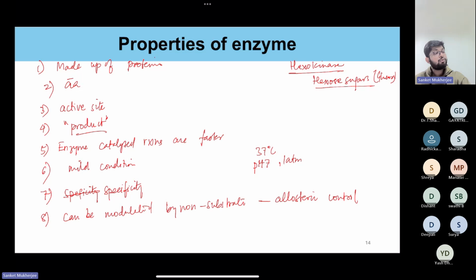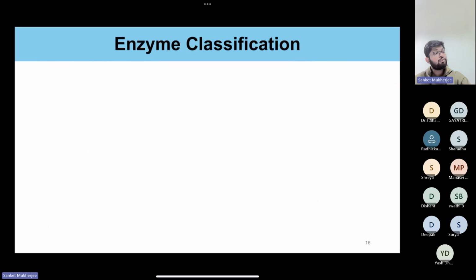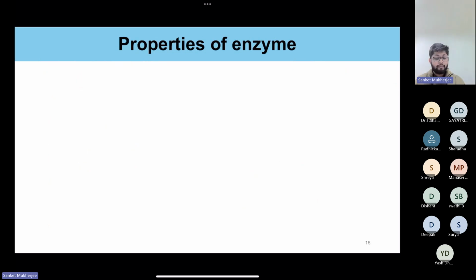Now coming to the specificity of enzyme. How does an enzyme recognize its substrate? There are different reasons. First is the geometric complementarity. And this is basically the theory behind the lock and key model.